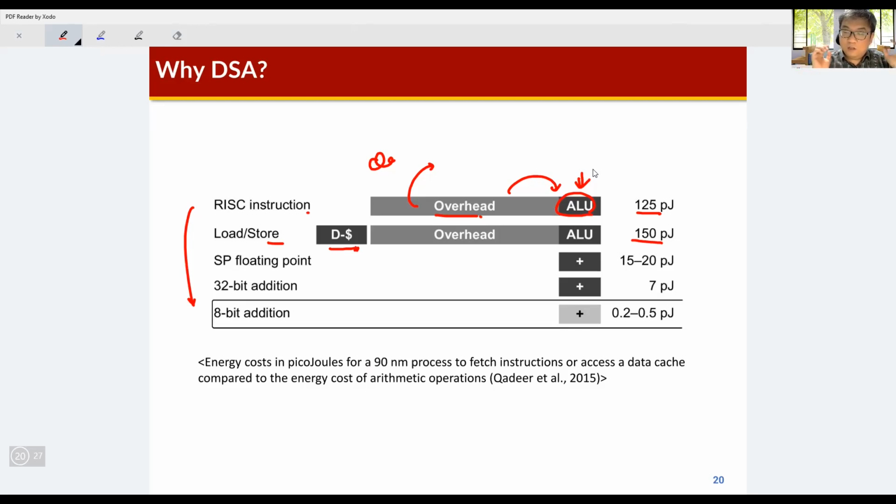We need a very small amount of energy to execute the instruction, but lots of energy is consumed for overhead: instruction fetching, decoding, pipeline control, and some other overheads.